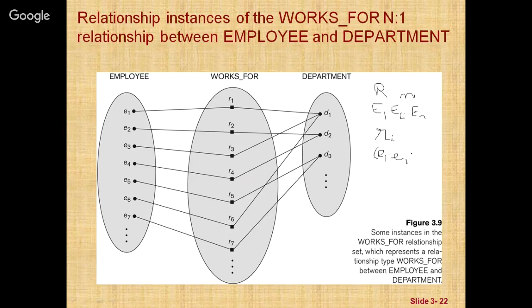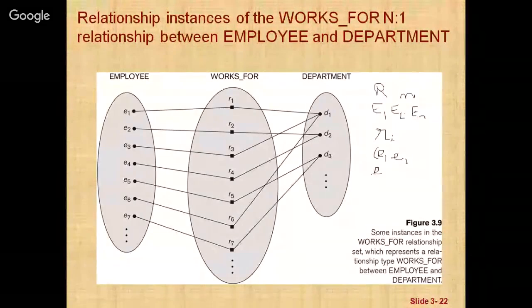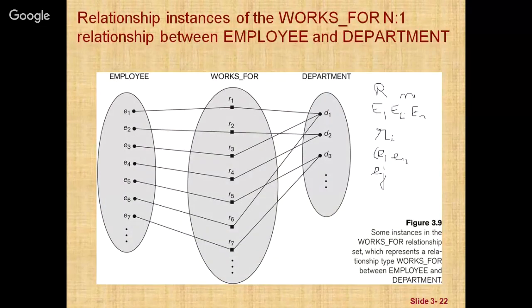And each entity Ej in ri is a member of entity set Ej, where 1 is less than or equal to j, less than or equal to n.